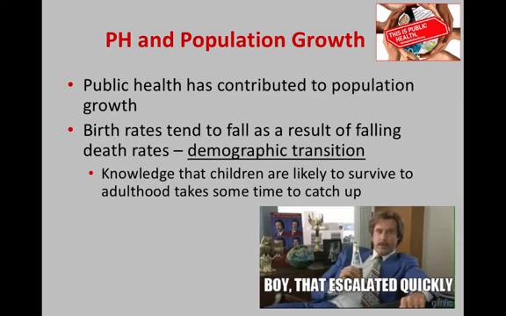When we look at the relationship between public health and population growth, to a certain extent, public health has really contributed to the problem. Basically, our goal here is to help people live longer.